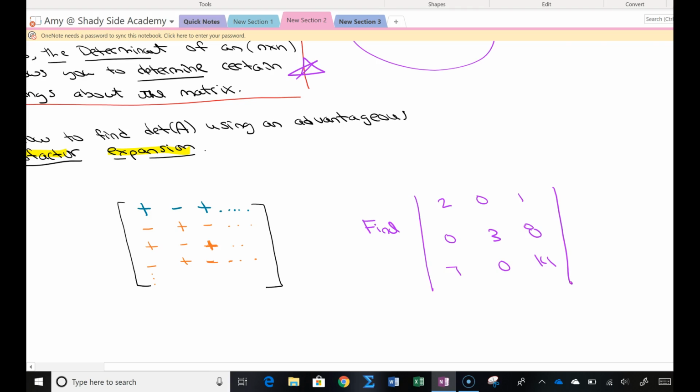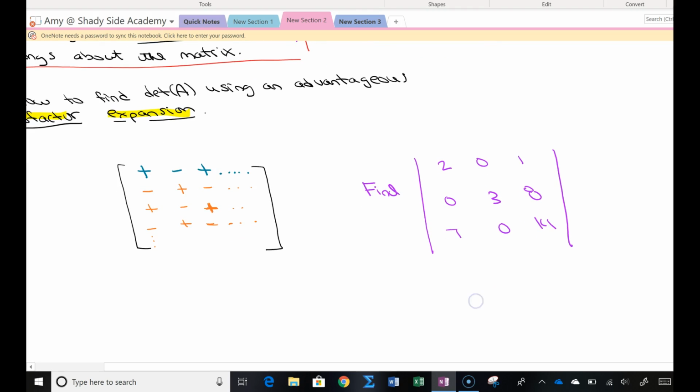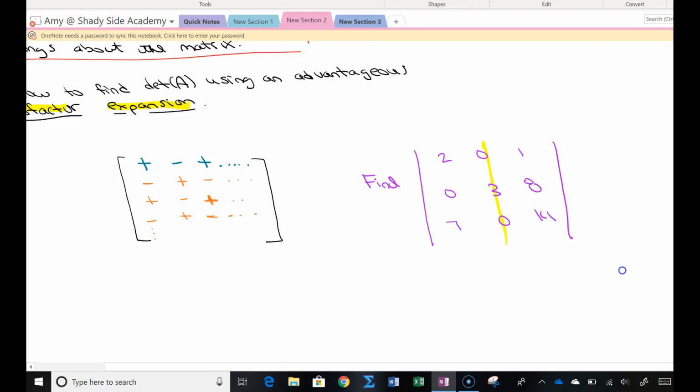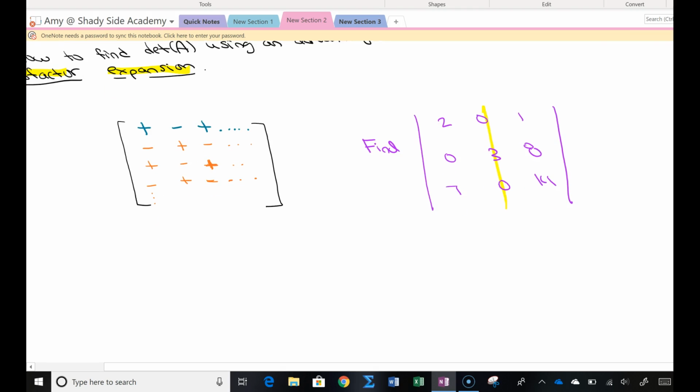And I'm asking you which row or column do you want to run through advantageously. By advantageously, we mean minimizing the busy work and minimizing the time. I'm going to choose to run down column 2, because of the zeros. And when you run down column 2, let me show you what happens.